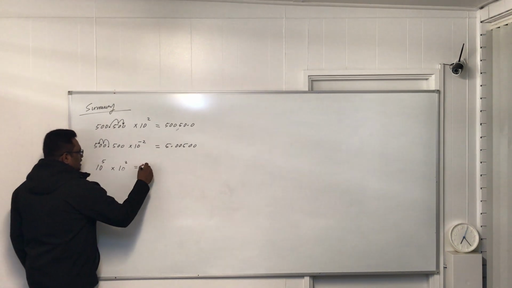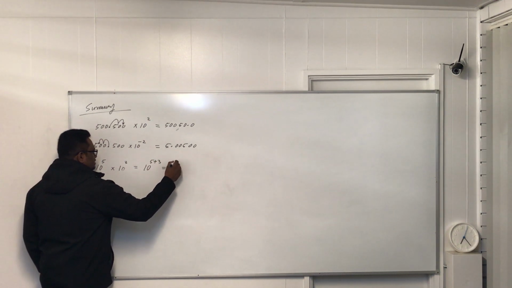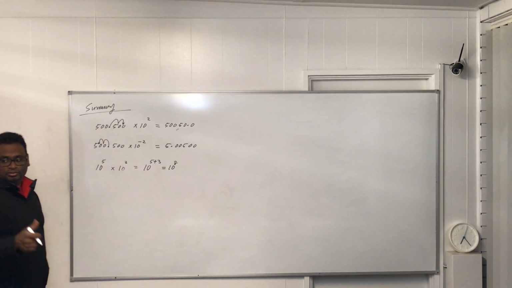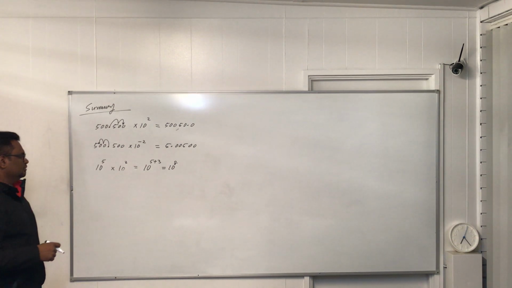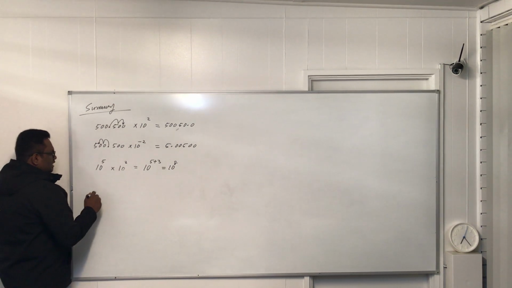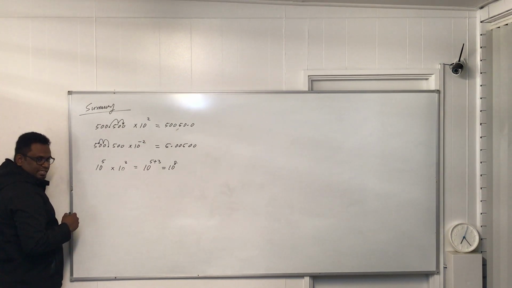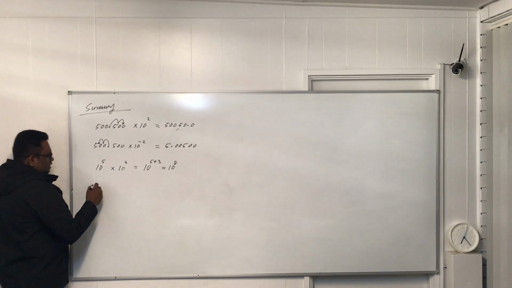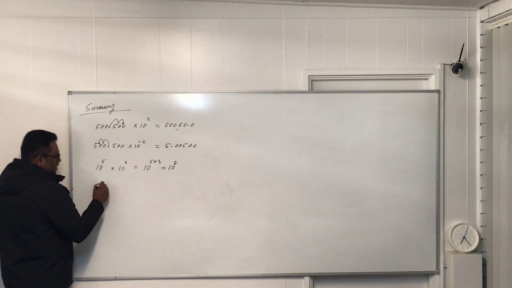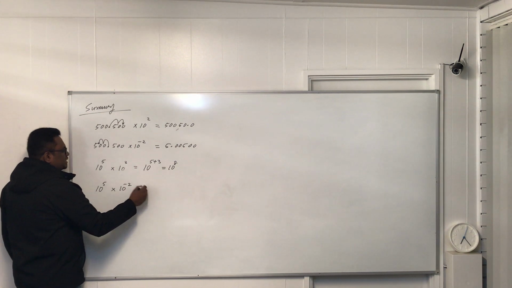So this is going to be 10 to the power 5 plus 3, 10 to the power 8. Is that good? Yeah. This is called the addition rule of index, right? If you have 10 to the power 5 multiplied with 10 to the power minus 2, what would be the answer now?